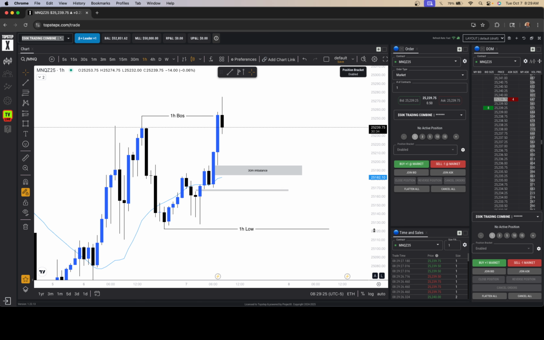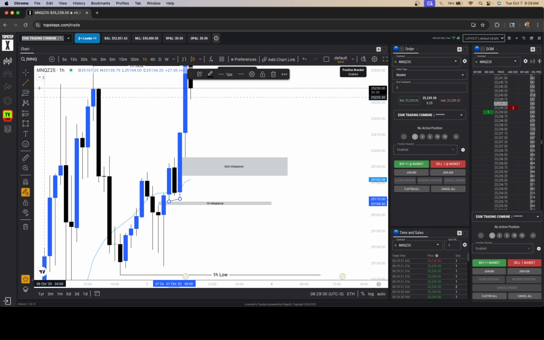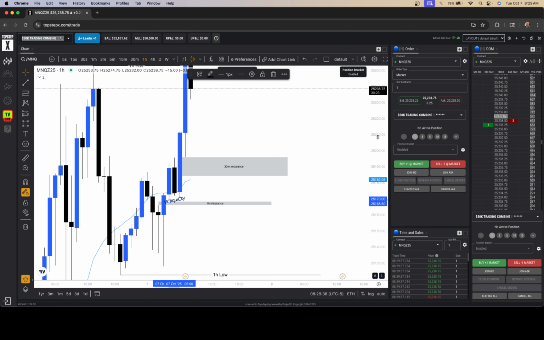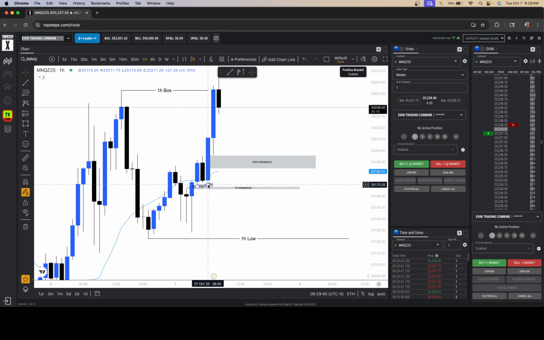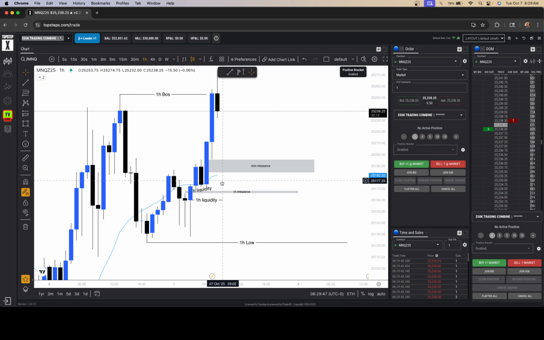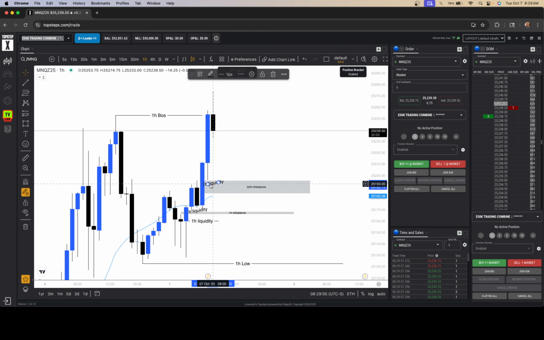I got to lock in now because we have 1 minute until open. 1 hour liquidity. I'm mapping out my points of liquidity. And then there's definitely some down inside of the imbalance right here.